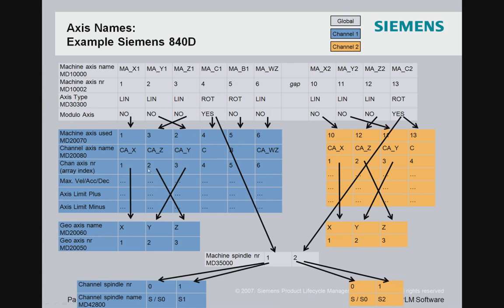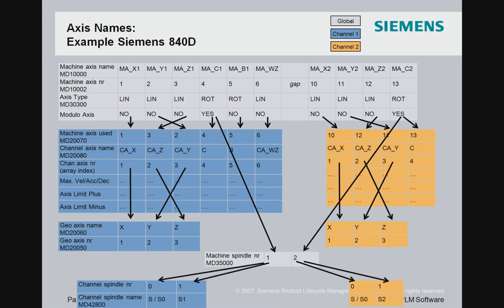What you also find here is every channel has at least two, for most milling machines for sure three, so-called geo-axes. Geo-axes represent the axes that move if you just program X, Y, or Z in the NC program, and the direction of those axes also determines, for example, what G17 means.